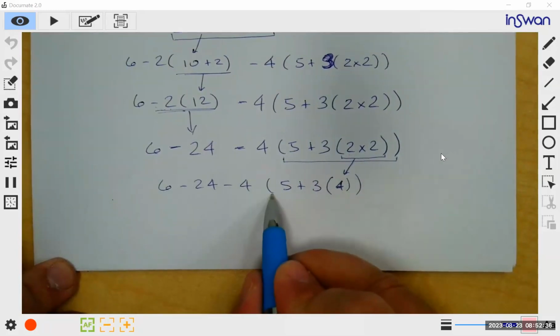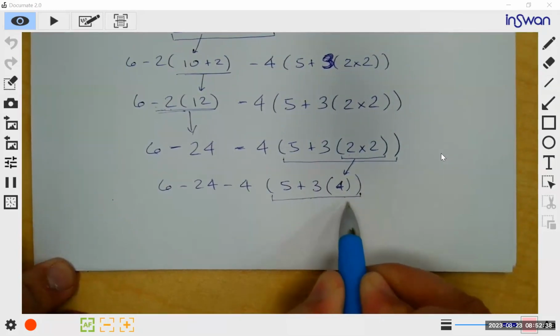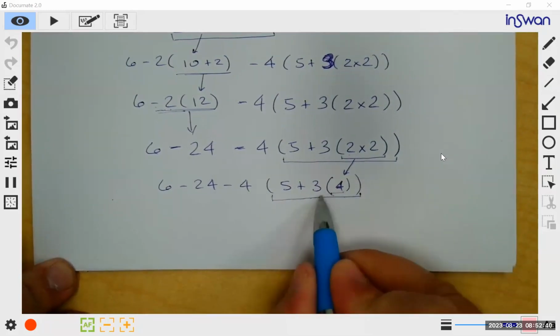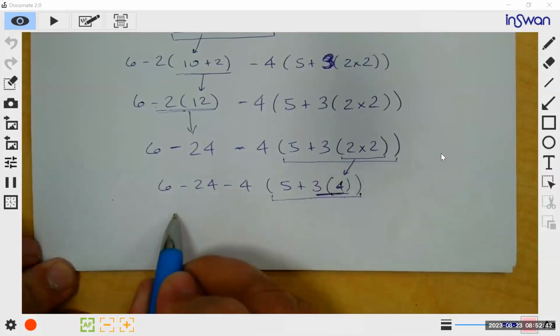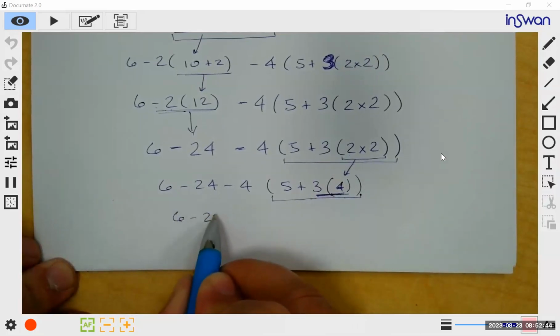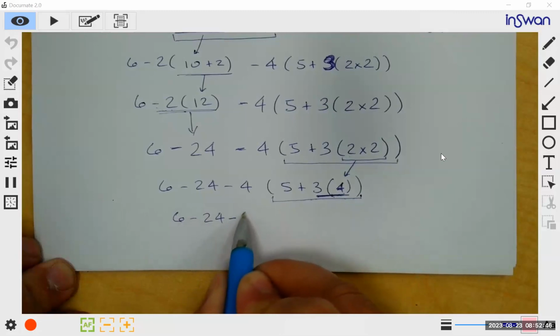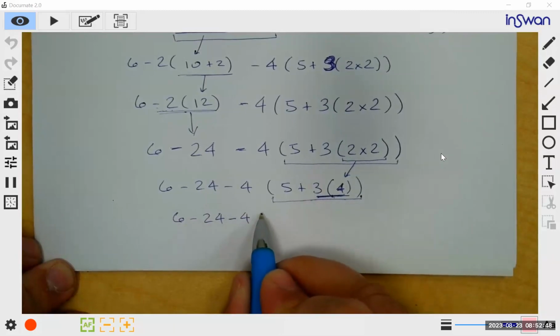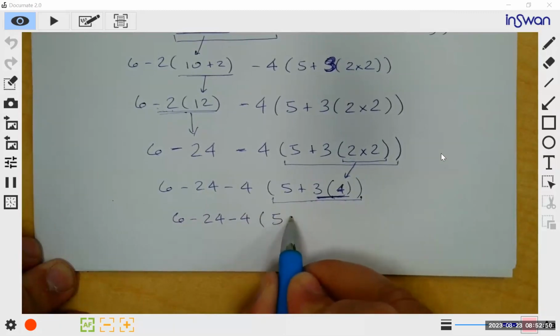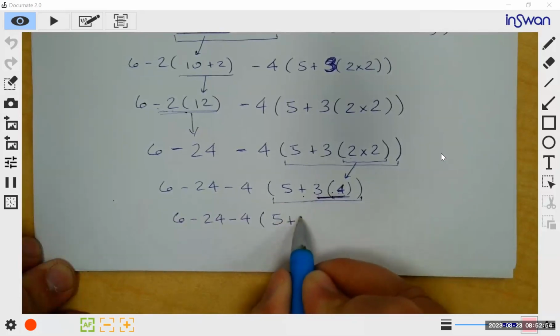Left to right, special operations. We can't do anything in here to multiply. Positive times positive is positive. 3 times 4 is 12.